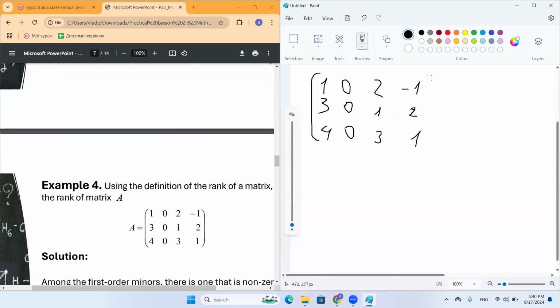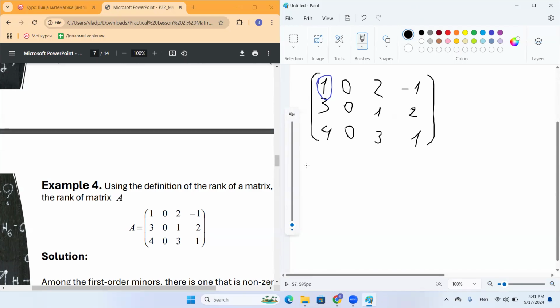So this matrix actually is non-zero, so not all elements are equal to 0. That's why the rank of the matrix is not 0. But what about the second order? Can the rank be equal to or greater than 2?